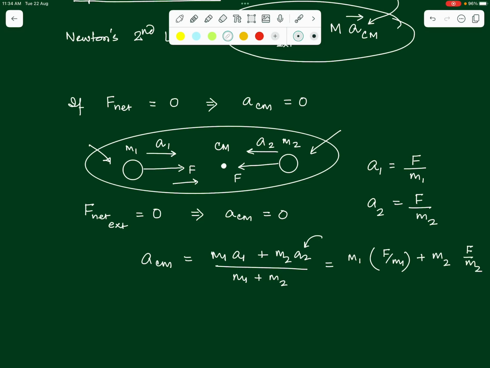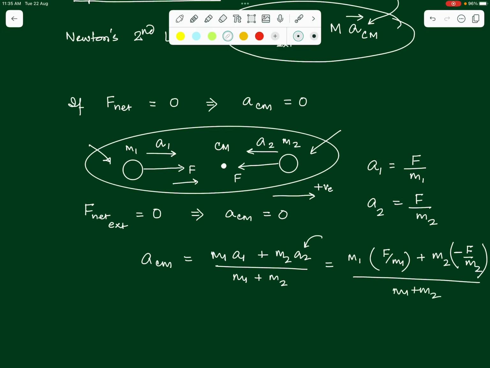Now I have to take into consideration the direction because this expression that I have written here is a vector expression. We need to take care of the directions, right? So I'll write the a2 value with a minus sign if I've considered a1 positive, which means that I'm taking rightward direction positive. So any quantity which is pointing towards left will be negative, divided by m1 plus m2.